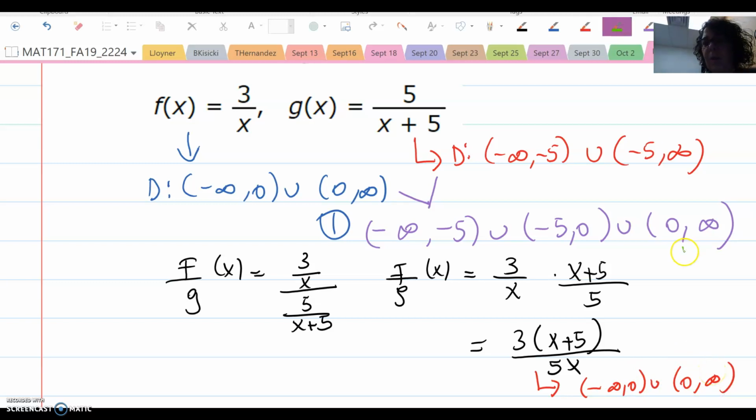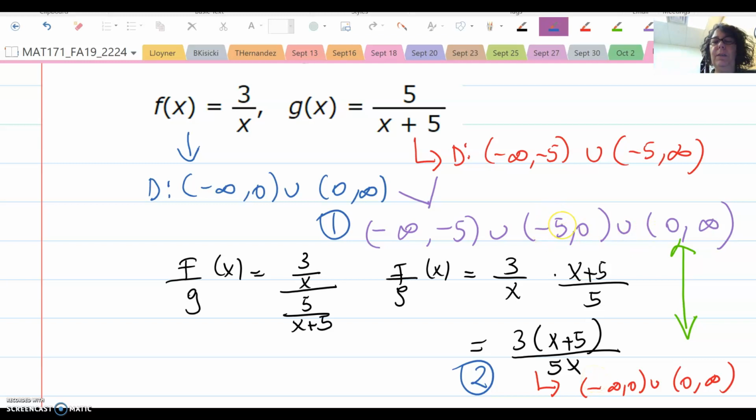However, you need to consider this intersection. So you have now two things that you need to consider, the purple one and the red one. Well, red one is included in the purple, but the purple is not included in the red. So it means that x values cannot be equal to negative 5, right? Why? Because if any of the x value is negative 5, then we are going to have g of x here undefined.